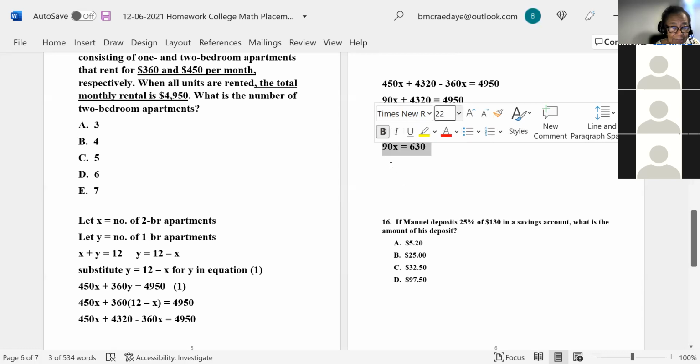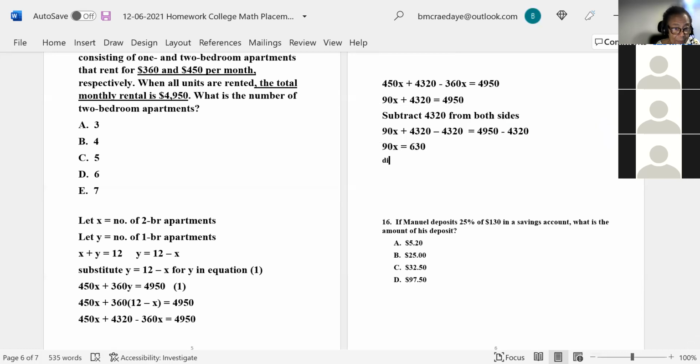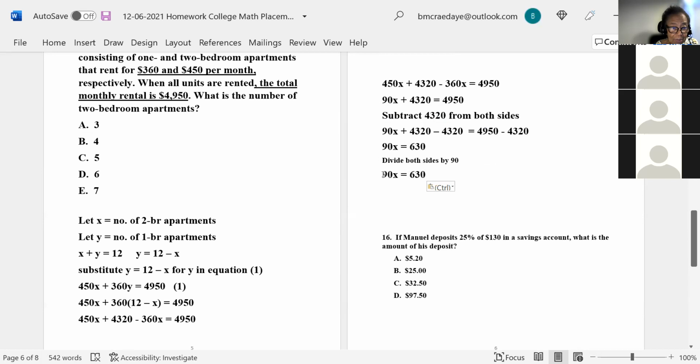Then you divide both sides by 90. 90x divided by 90 just gives you x, and this would be 7, right? And that's what Maureen got.